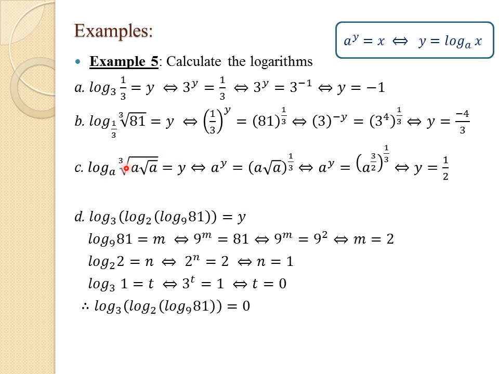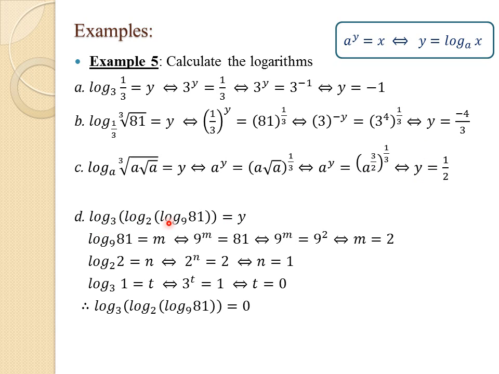As it is cubic root, I will write it power 1 over 3. And when we multiply like bases, we add the powers. This is a power 1 and this is a power 1 over 2. So when you add them, they are a power 3 over 2. Just multiply the powers again, it is going to be 1 over 2, so the value of y is 1 over 2.